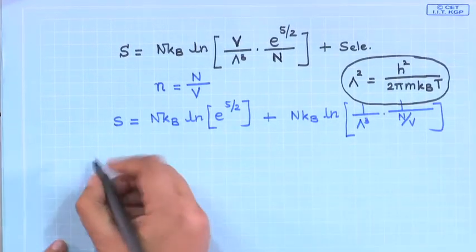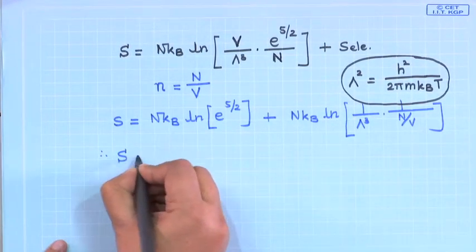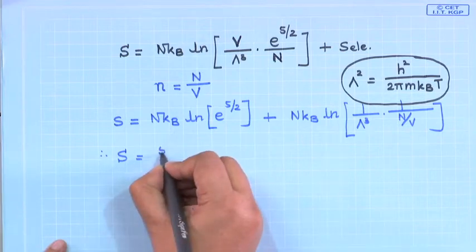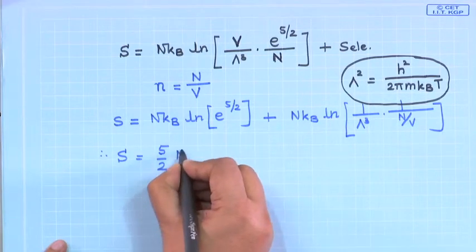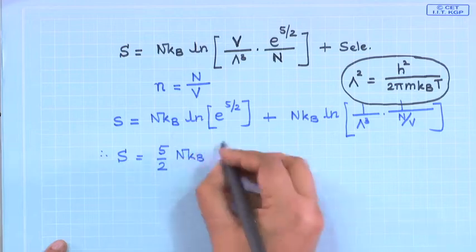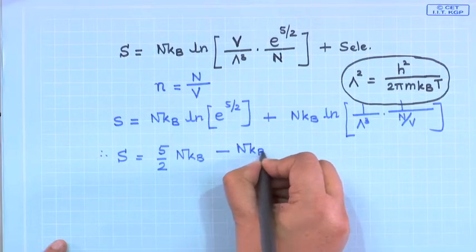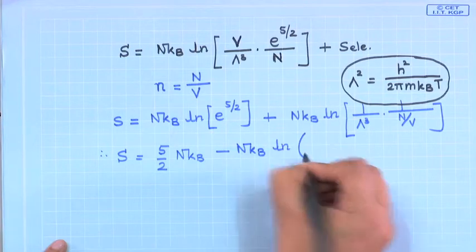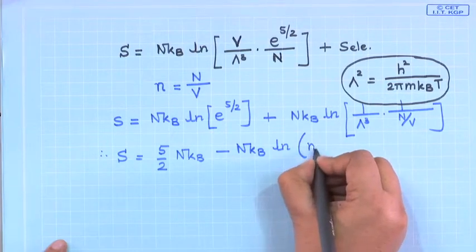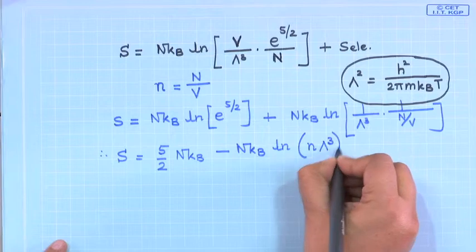If that is so, then S turns out to be nothing but 5/2 n k_B minus n k_B ln of small n into λ³.